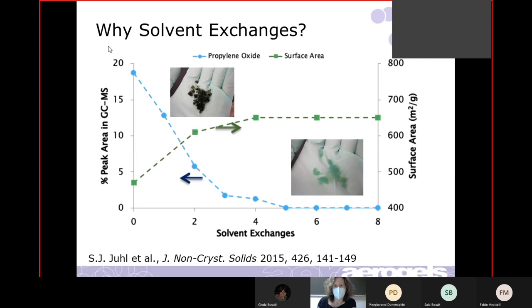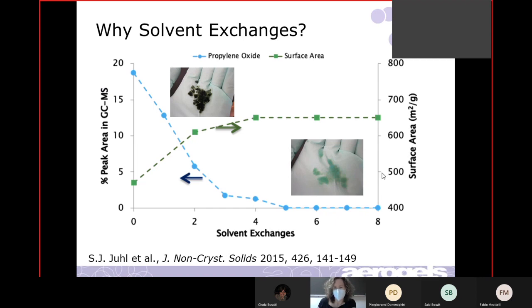And we have the surface area of the aerogels that we subsequently made. And what we see is if we don't do any solvent exchanges, we can, in fact, make aerogel, right? The process still works. But the aerogels that we make, in this case, had a surface area less than 500 meters squared per gram, which is still pretty high surface area, right?